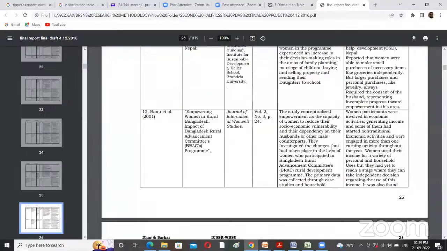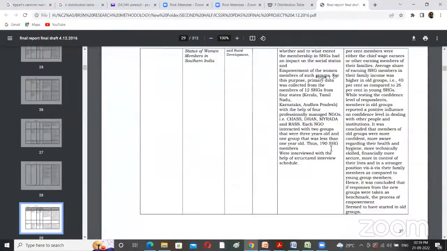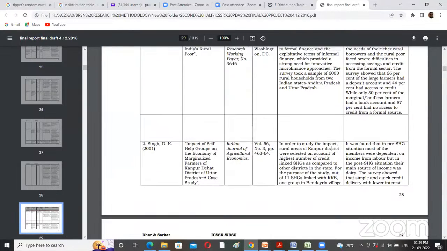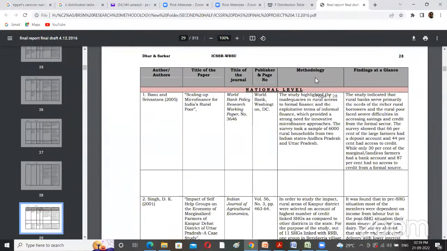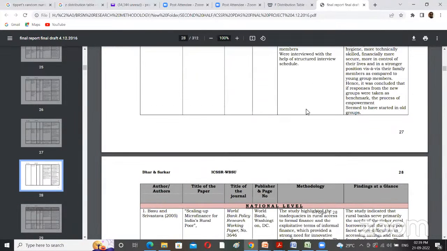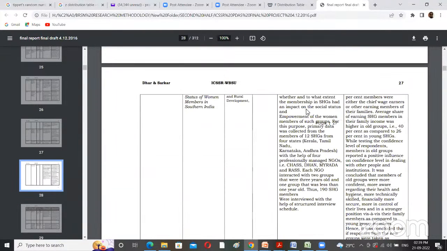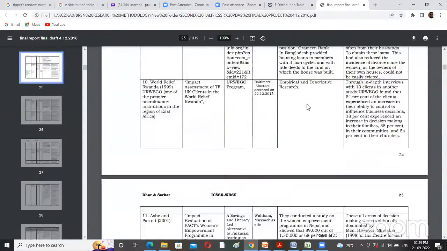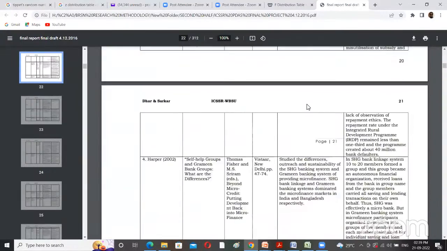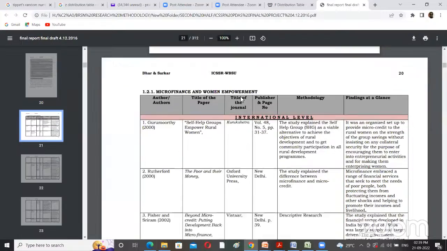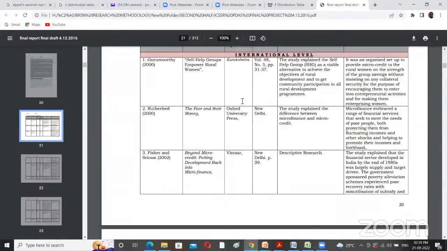It is showing thematically here, lots of literatures are there. You see the first theme was on microfinance and women empowerment. Within this, there are two sections.